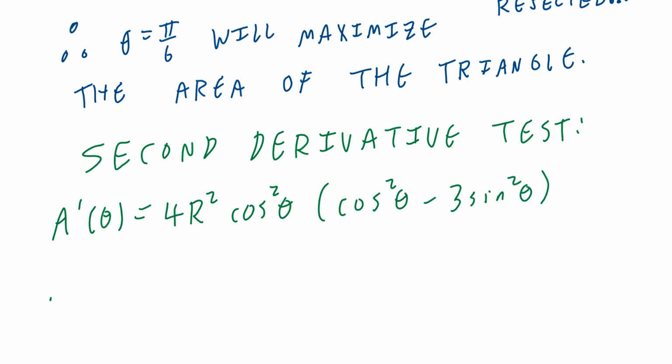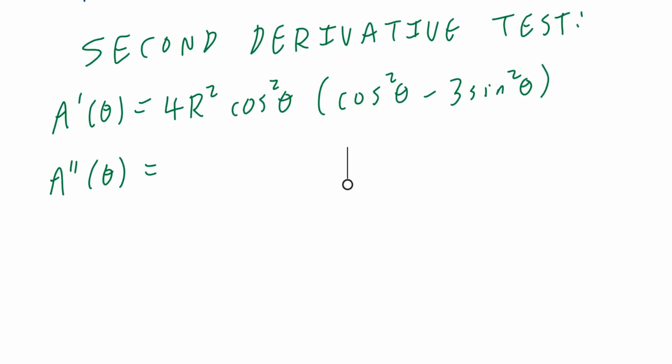We're going to find the second derivative, A double prime, and we're going to plug in the critical point, pi divided by 6. Again, let's put some brackets around the first term. I'm going to apply the product rule. So step 1, I'm going to take the derivative of 4r squared cosine theta squared. That's going to be 2 times 4r squared, so 8r squared times cosine theta times negative sine theta.